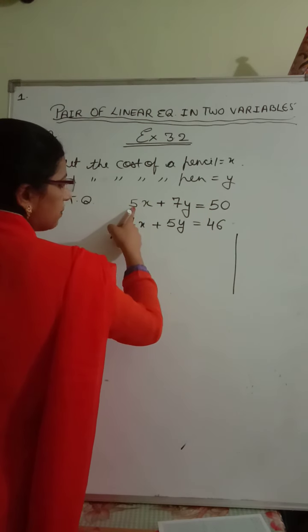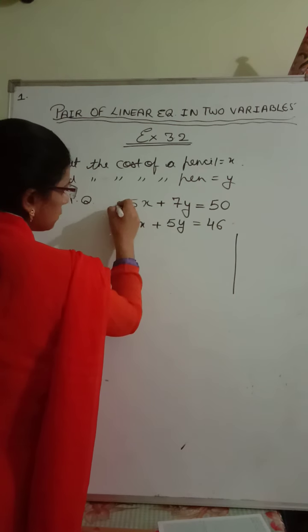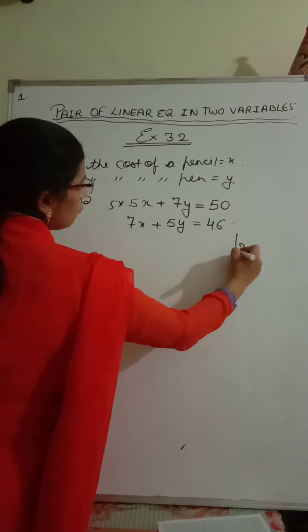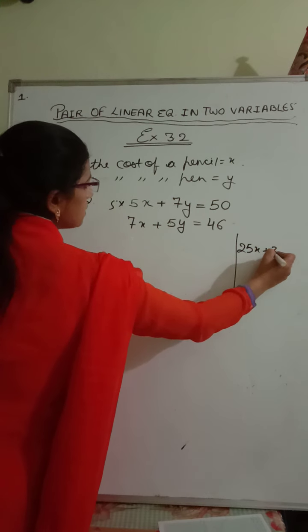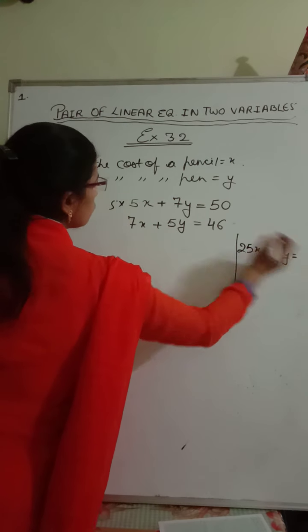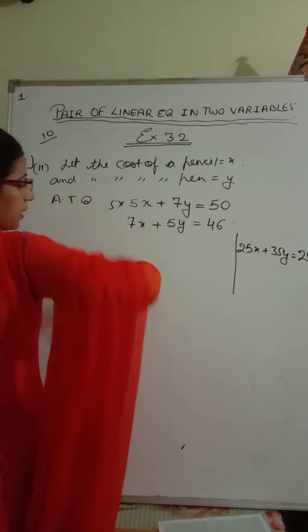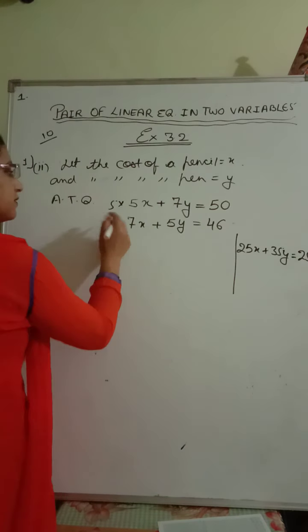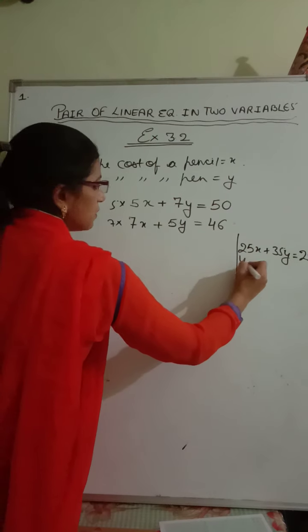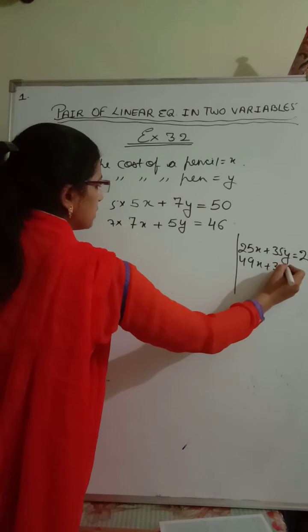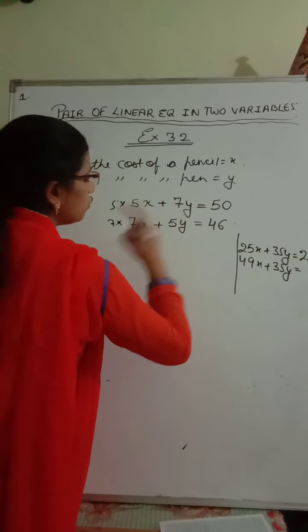I am multiplying this by 5. 5 5s are 25x plus 5 7s are 35y equals 5 5s are 25, 250. Then 1 I want this, so I am multiplying this by 7. 7 sevens are 49x plus 7 fives are 35y equals 7 into 46.